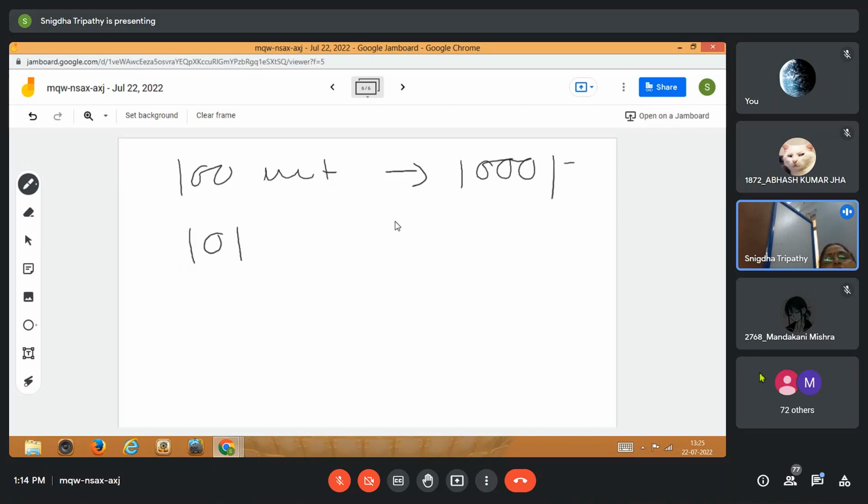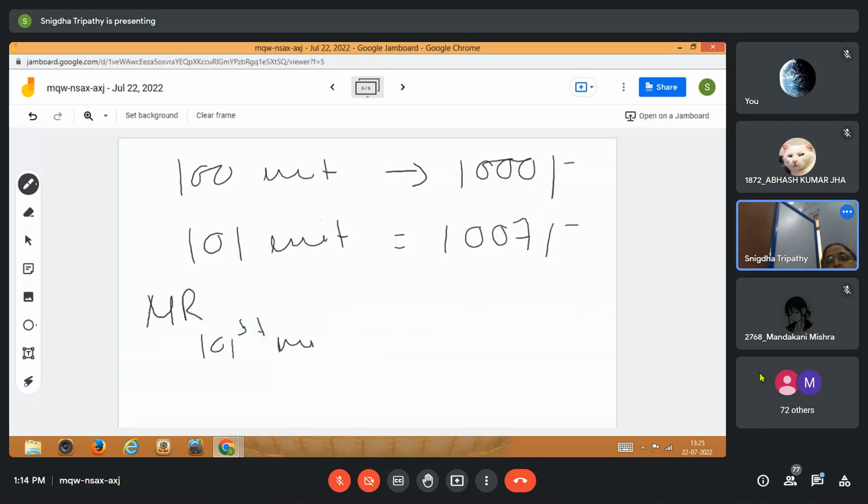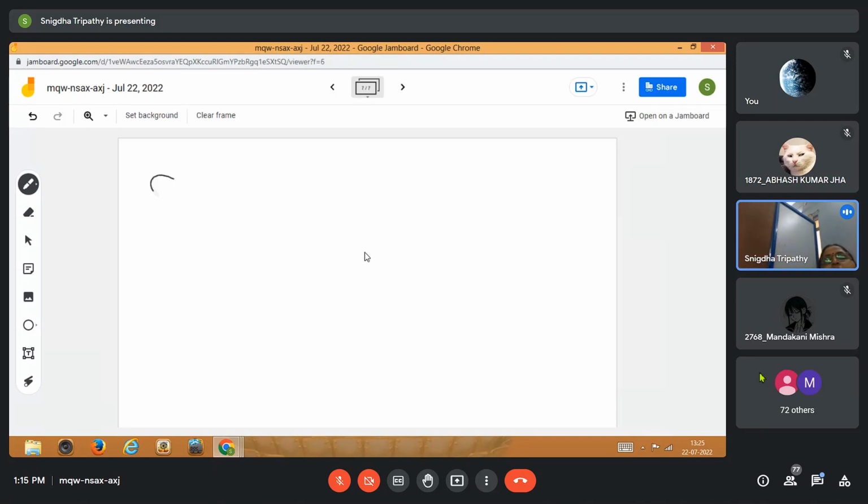When it sells 101 units, suppose it is 1007. Then what is the marginal revenue of the 101st unit? It is equal to 1007 minus 1000, which is 7 rupees. So it is the rate of change in total revenue with respect to one unit change in sales. If I develop it, dTR with respect to dQ is here 7.